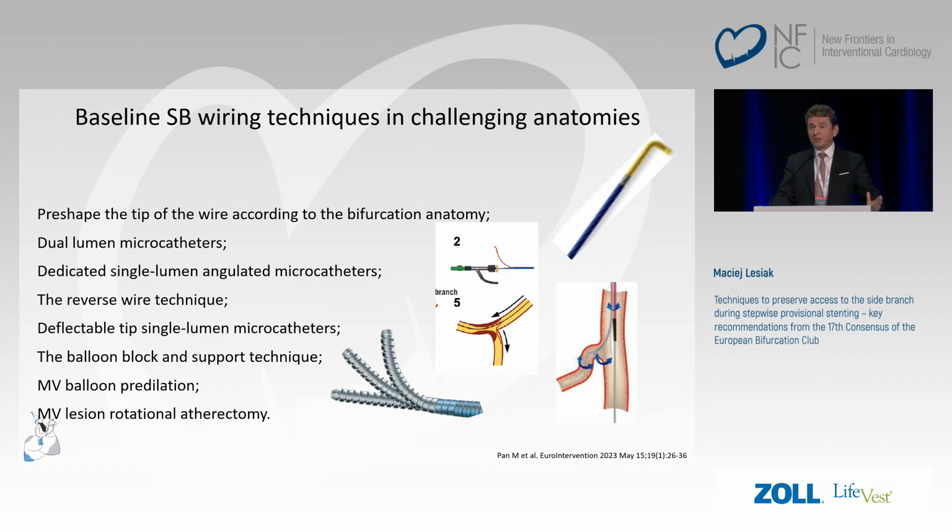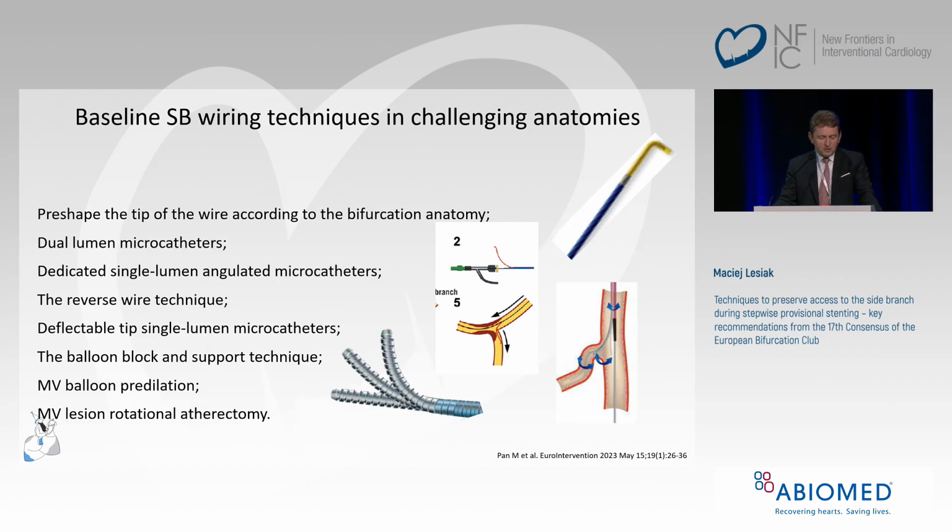So first, what are the techniques to wire the side branch? Because sometimes it's not very easy. In most cases it is, but in some cases it's not. We start with pre-shaping the wire. Sometimes we change to a polymeric hydrophilic wire. Then we can use dual lumen microcatheters with deflectable or angulated tips.